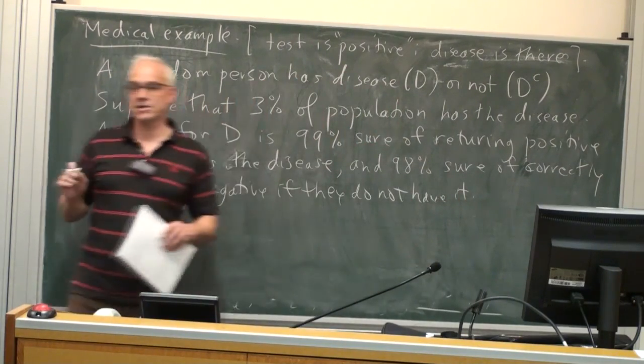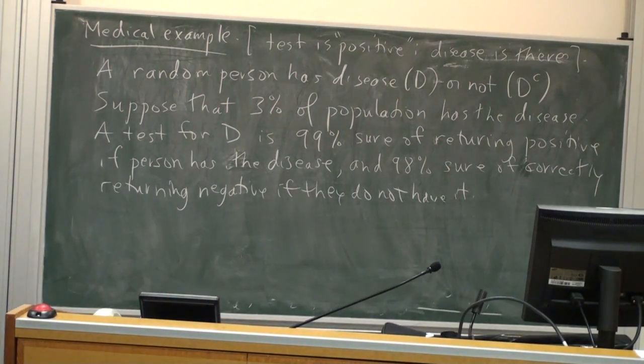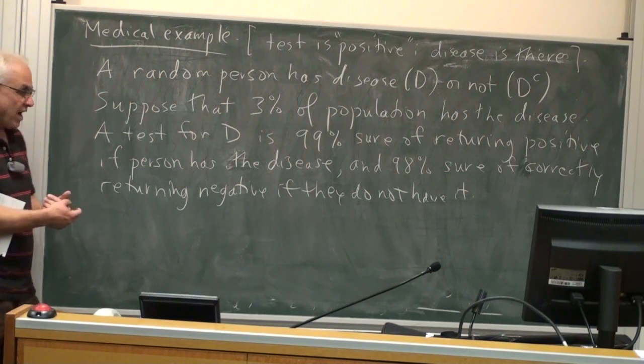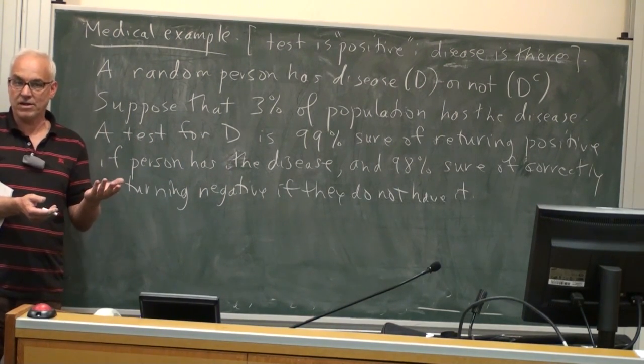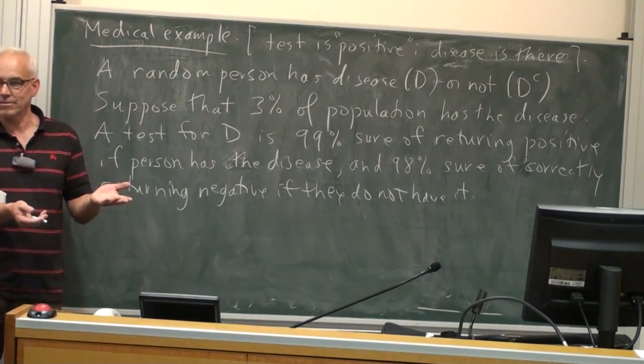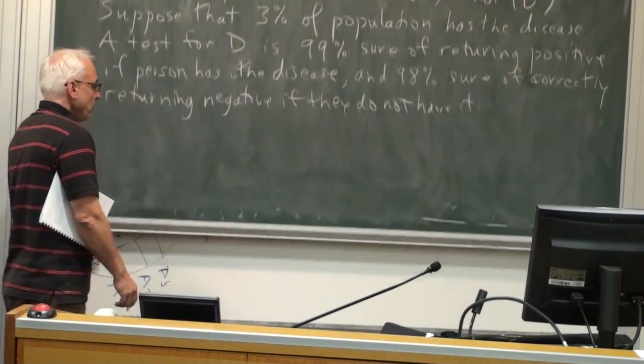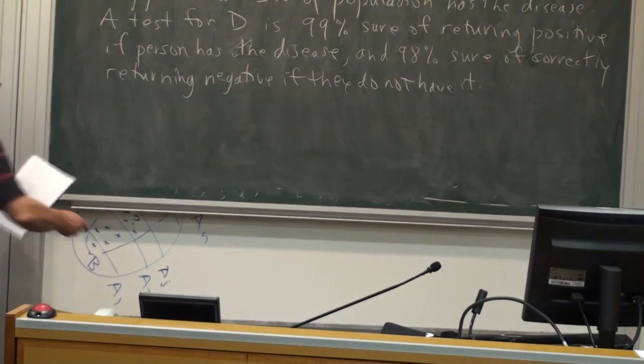All right, so this test is pretty good. 99% of the time, if you have the disease, the test will correctly identify that you do. 1% of the time it's wrong. On the other hand, if you don't have the disease, then 98% of the time the test is correct and will identify that you don't have the disease. So most of the time this is an effective test. Okay, so here are the various possibilities.